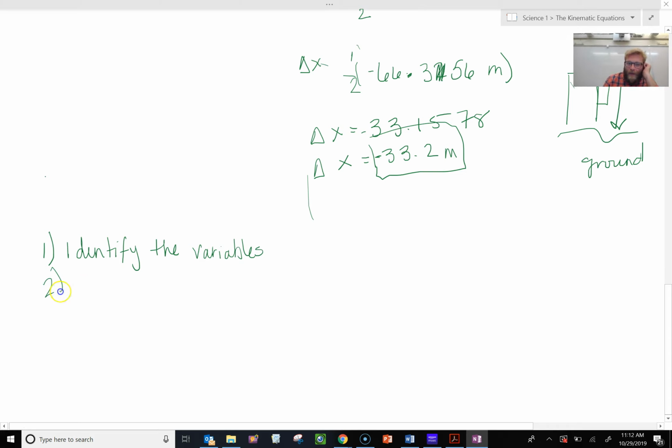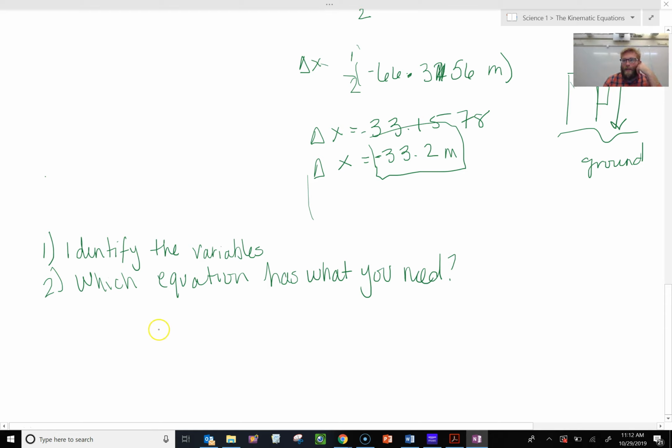Then once you've identified the variables, which equation has the things that you need? Once you have that equation, then you just solve, using simple algebra, for the missing variable.